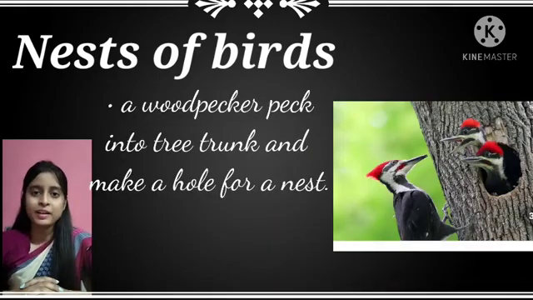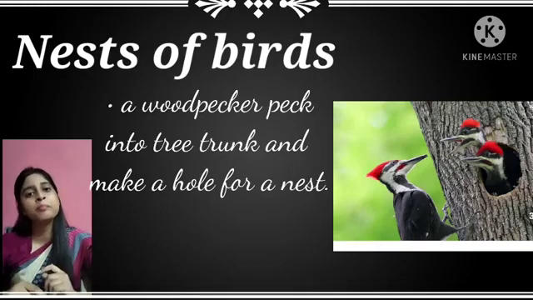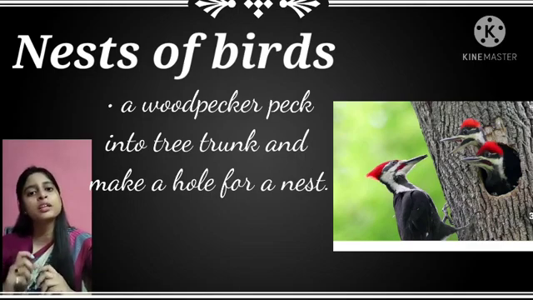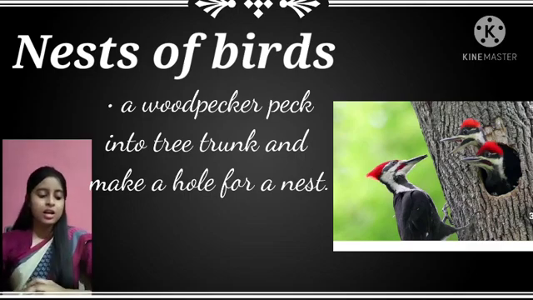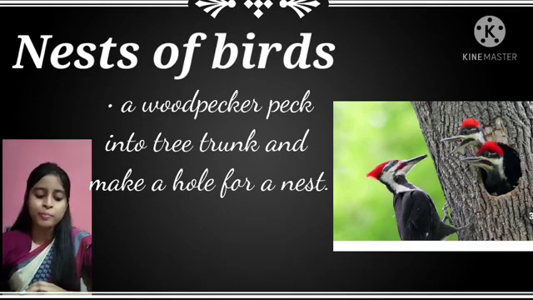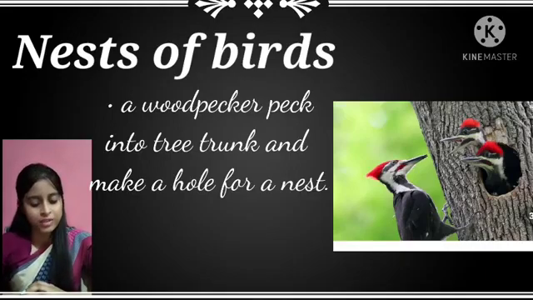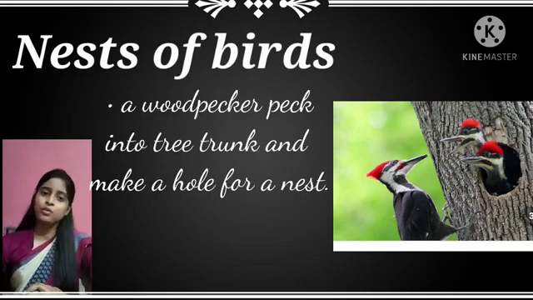A woodpecker is a bird that has a very sharp long beak with which it makes its home in the tree trunk. A woodpecker uses its beak to peck into the tree trunk and make a hole for a nest. It uses these holes as a nest and lines it with fine strips of wood.